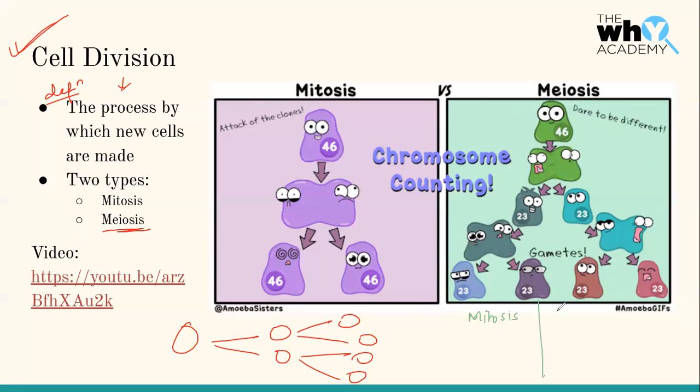Mitosis and this is meiosis. The main 2 points of difference are that mitosis occurs in body cells. These are also called somatic cells, but body cells is sufficient, right? And meiosis occurs in gametes or sex cells.